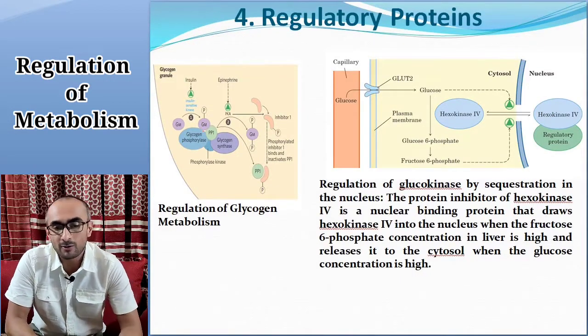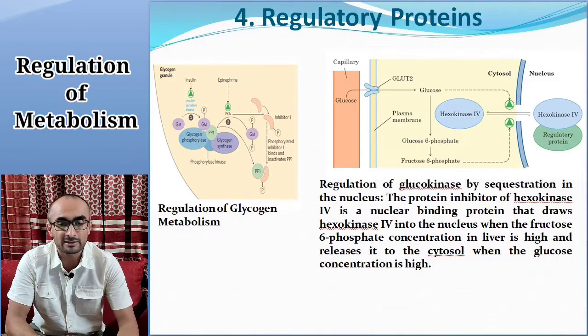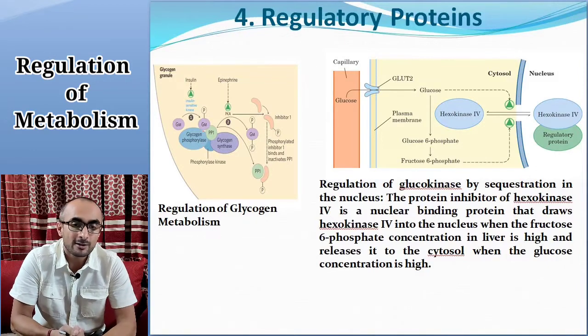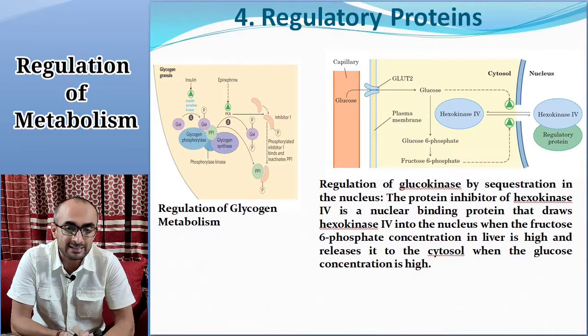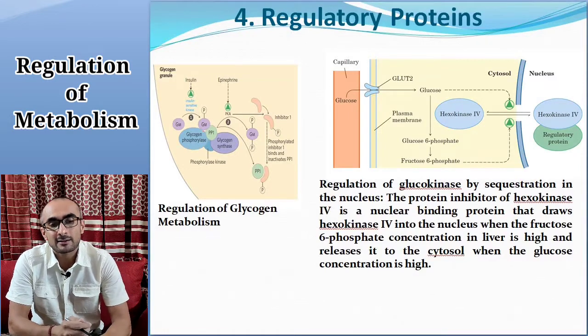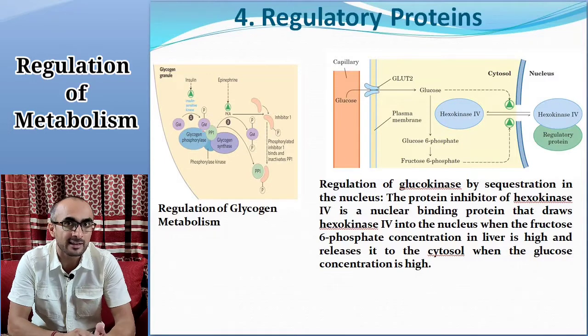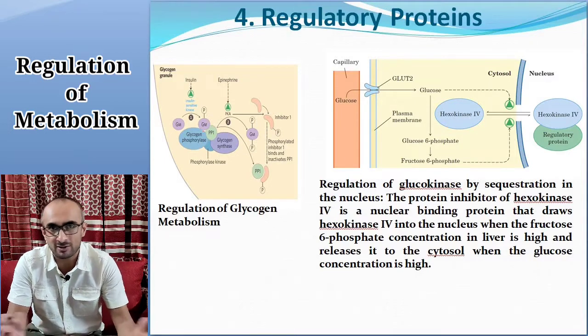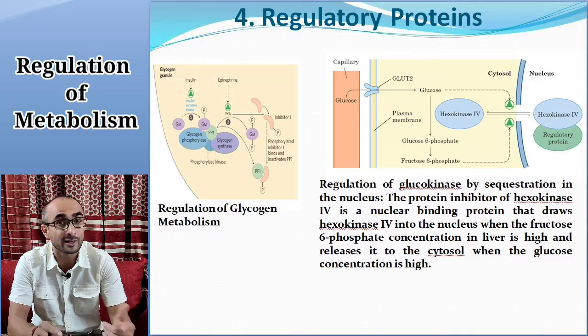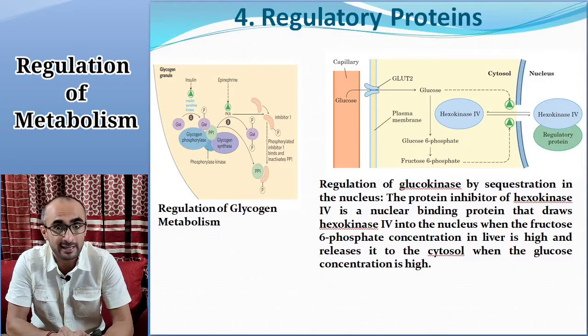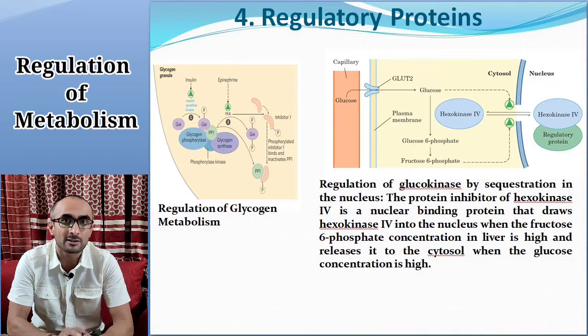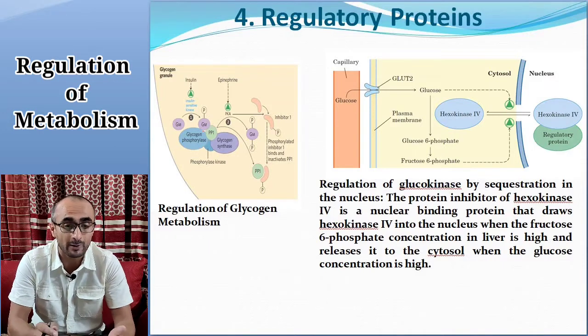Another example of regulation of metabolic reactions is by production of regulatory proteins. In this case, some protein inhibitors of enzymes are produced by the cell in response to some external or internal stimuli depending on the requirement of the cell, and those molecules form a complex with the target enzyme and inactivate it.